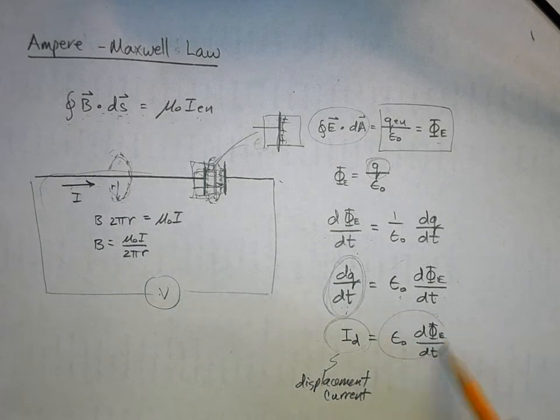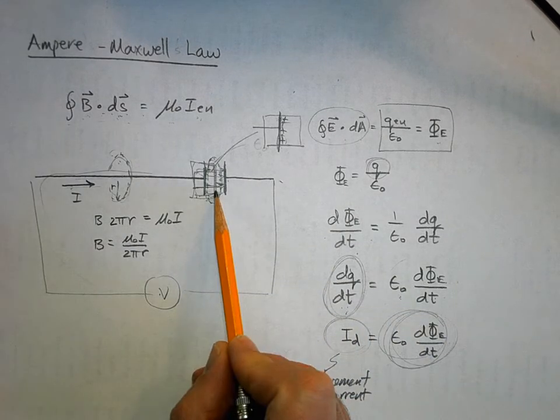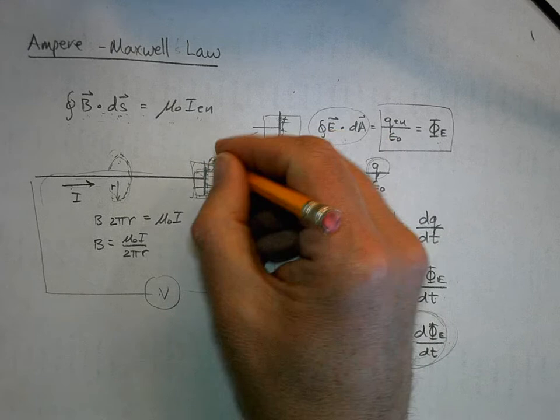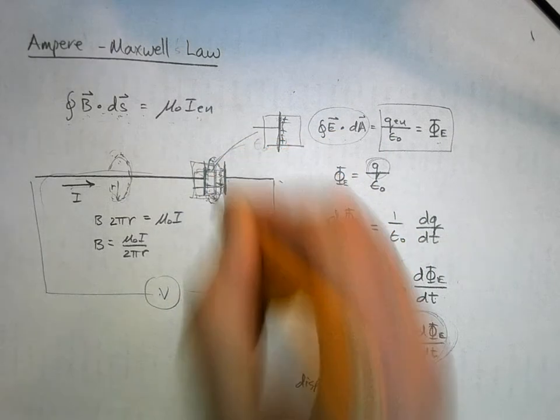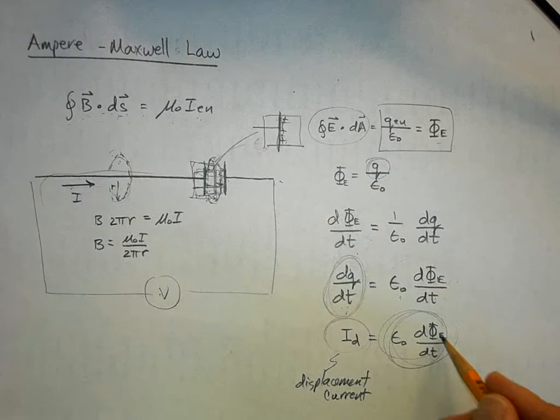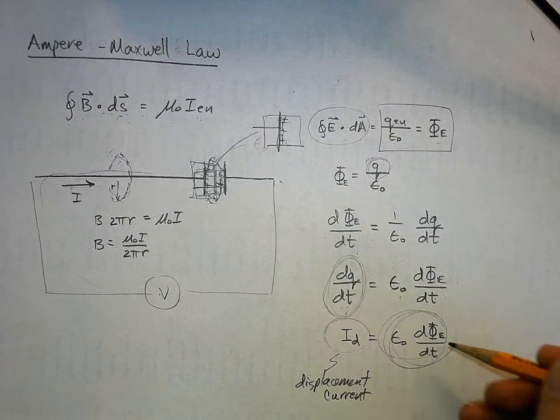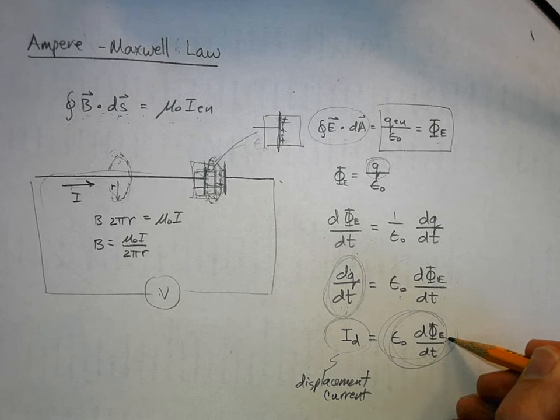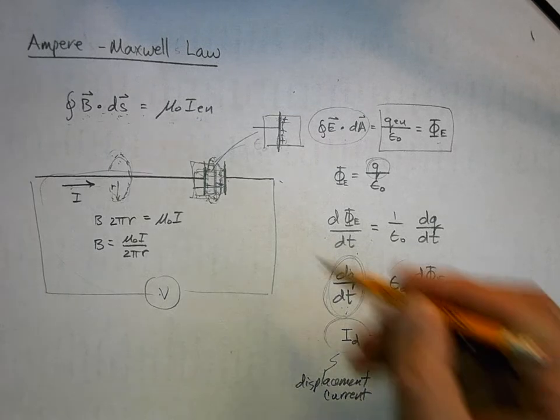This behaves exactly like a current between these plates. So when I surround this with an Amperian loop, this changing electric flux, I keep calling it magnetic flux, I'm sorry, this changing electric flux acts like a current and creates a magnetic field around it.